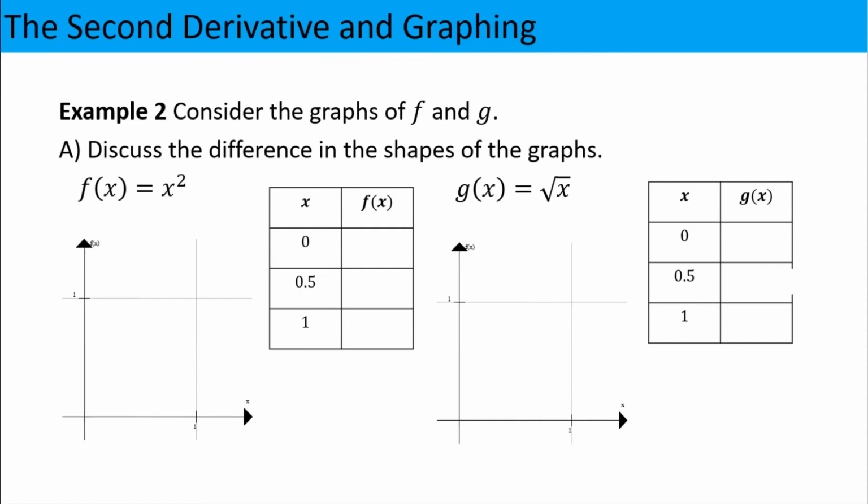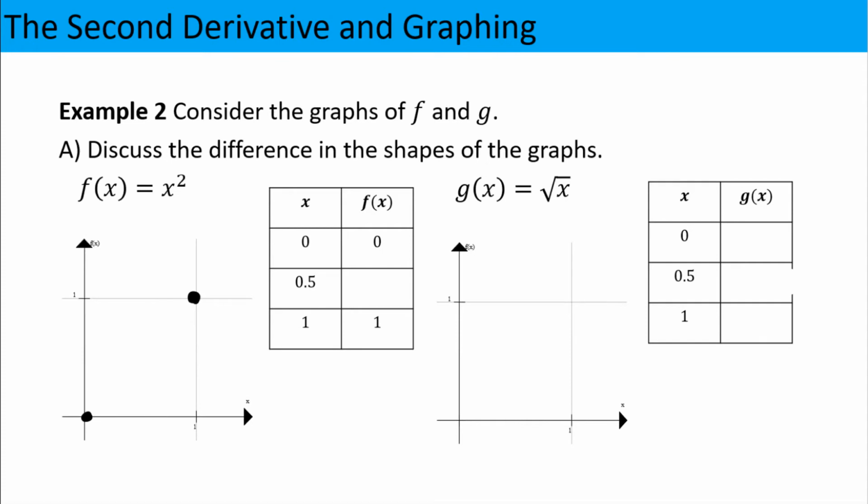For f of x equals x squared, at 0, 0 squared is 0, so the ordered pair is the origin, 0, 0. And at 1, f of 1 would be 1 squared, and 1 squared is still 1, so the ordered pair is 1, 1.